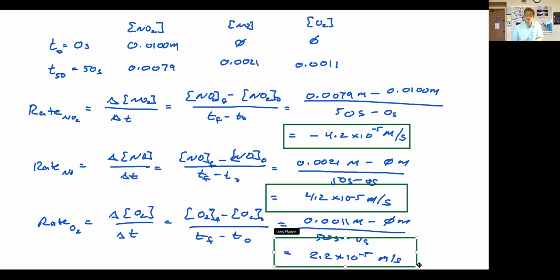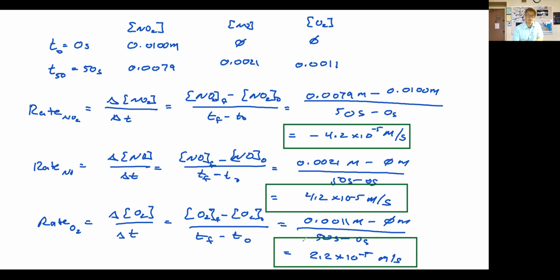So with that said, let's compare a couple of things here. First of all, when you compare the rate at which nitrogen dioxide breaks down and nitrogen monoxide forms, it's almost the same.